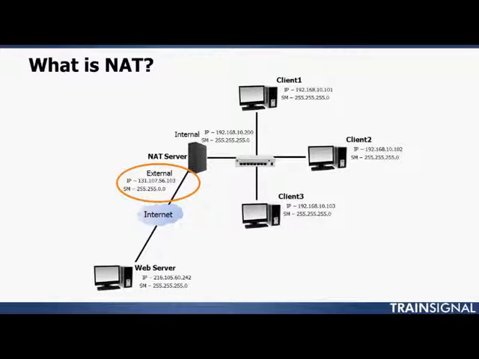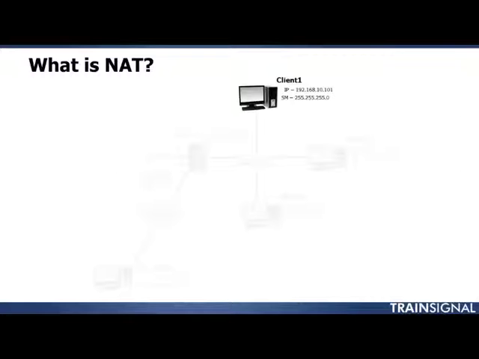So let's break this down. We have a client on our internal network, and it wants to get out on the internet. It wants to make a request out to a web server, wants to go to a website. Well, what it does is it takes that request and sends it over to the NAT server.